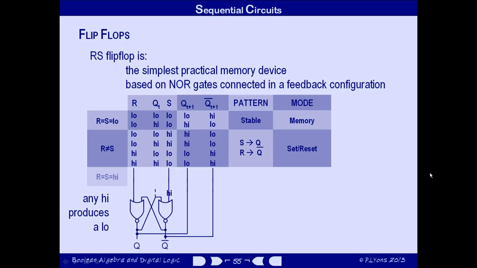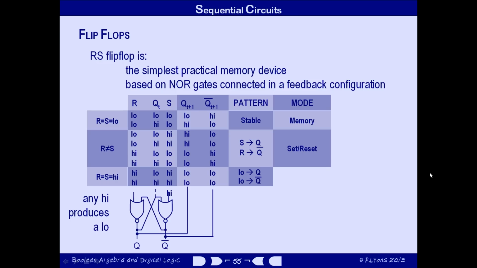On to the last category of input combinations, when R and S are both high. We've already seen the device in memory mode and load mode. What more can there be? Well, unfortunately, something that we don't want at all. When R and S are both high, our analysis will show that the circuit makes both the new value of Q and the new value of not Q low.